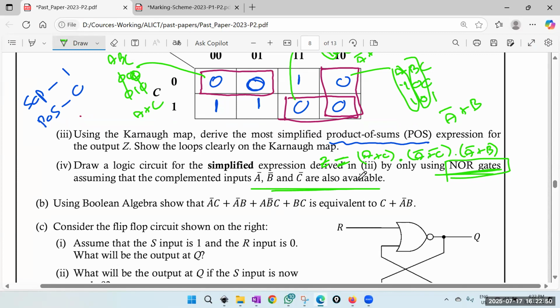Simplify the expression for 3 and draw the logic circuit using NOR gates, assuming that the complement inputs A bar, B bar, C bar are also available. That means you have A, B, C as well as A bar, B bar, C bar. Anyway, you can create A bar, B bar, C bar using NOR gates as well.